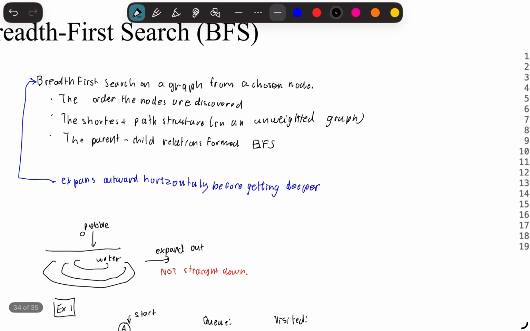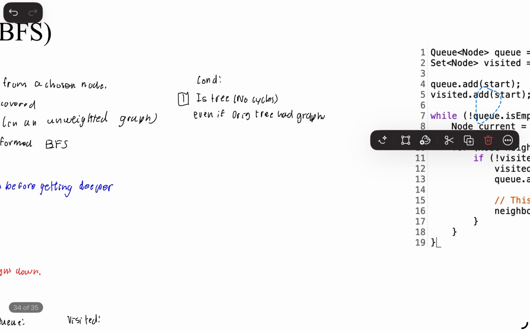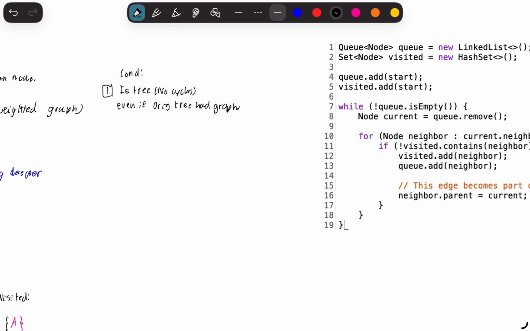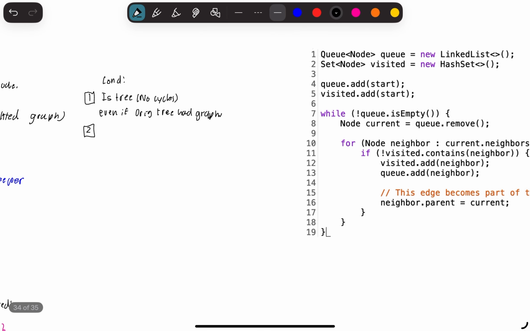So let's go back to our definition of a BFS tree. The conditions are that, one, it has to be a tree. No cycles, even if your original graph had cycles. And it also has to show your shortest path.